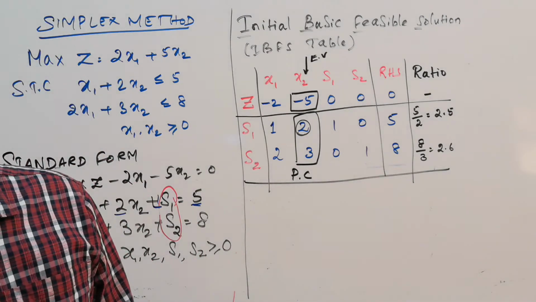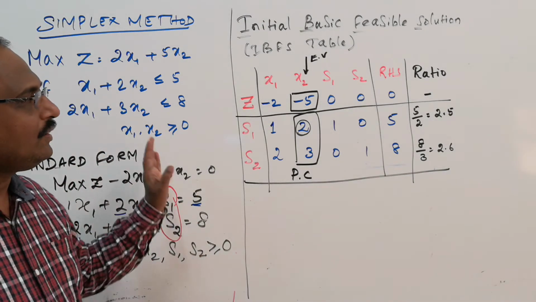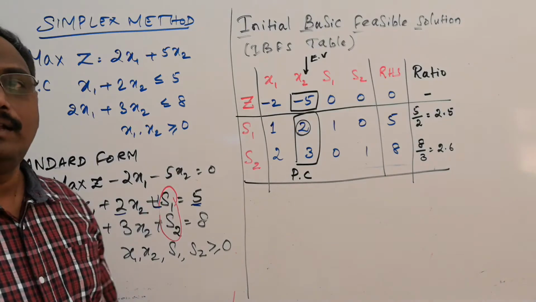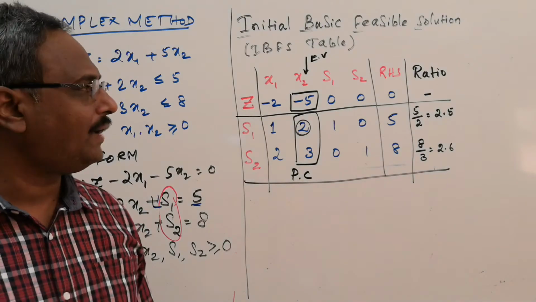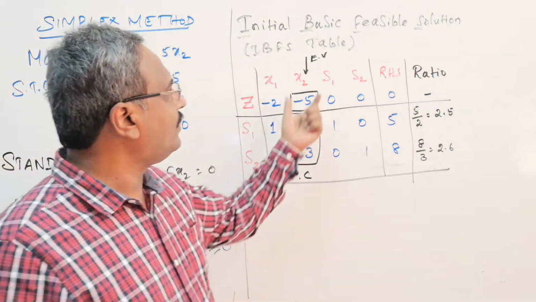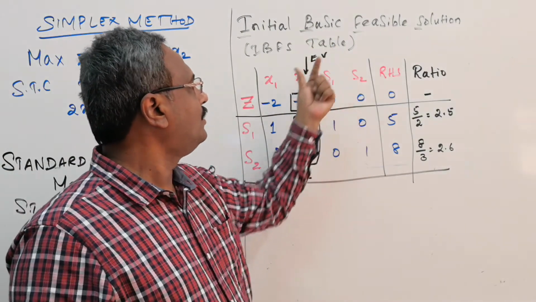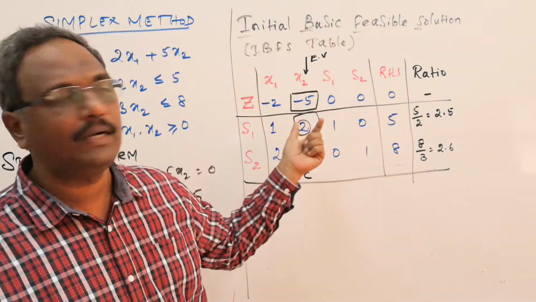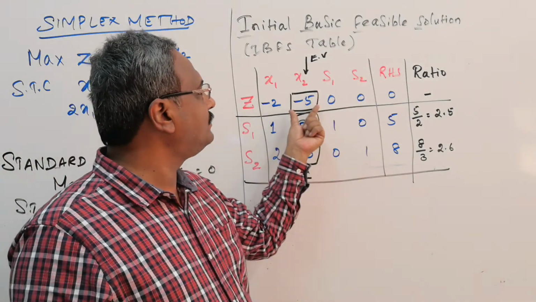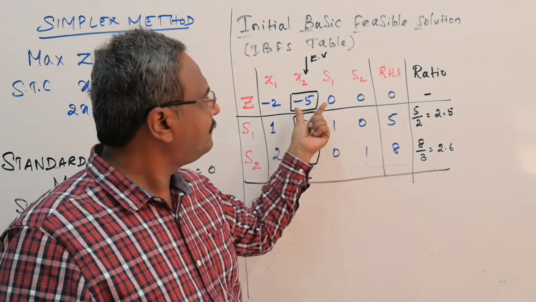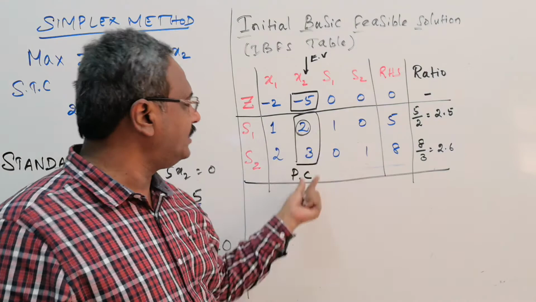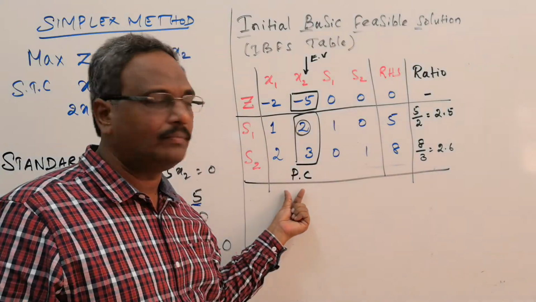Now, we are going to check the least positive value. So first we are going to identify the entering variable. For identifying the entering variable, we are going to check for the maximum negative value. Then the corresponding column is considered as the pivotal column.